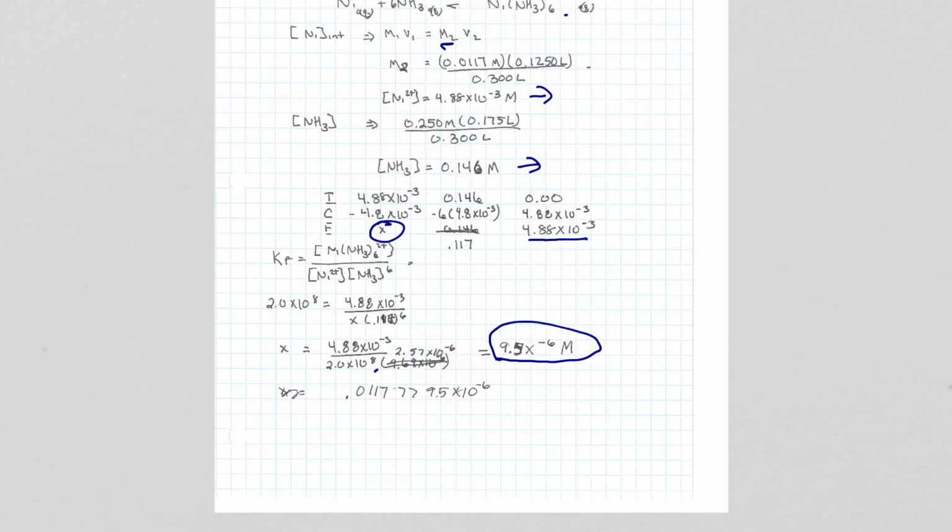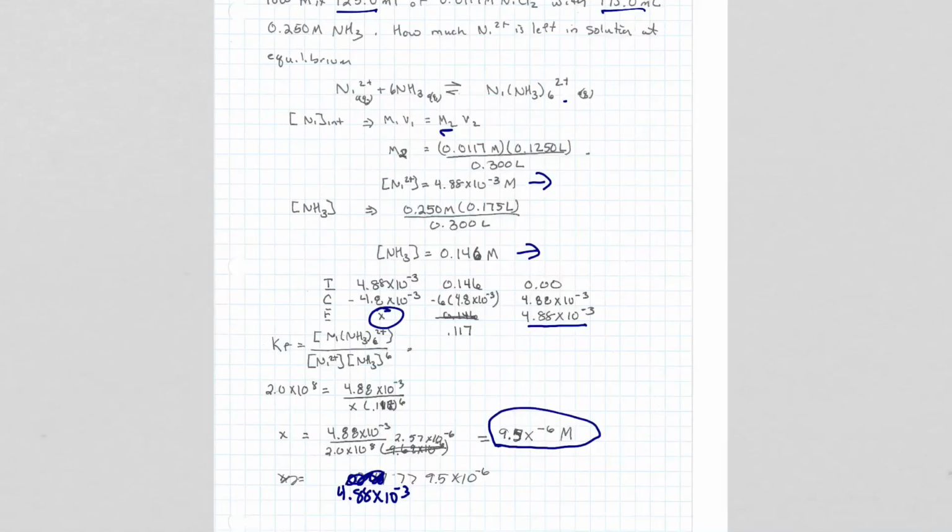then we can presume that this approximation is correct. So looking at this, just to summarize again, we can conclude that our approximation was good because our amount of metal left in solution is much, much smaller than our initial metal ion concentration, the 4.88 times 10 to the negative third.